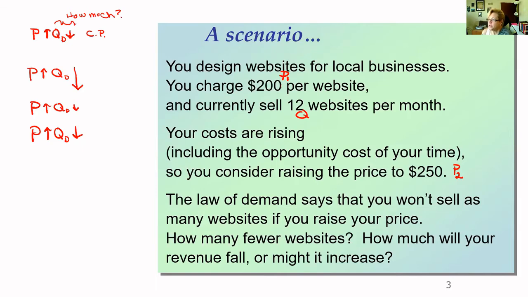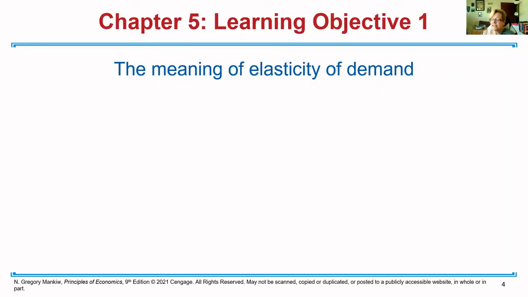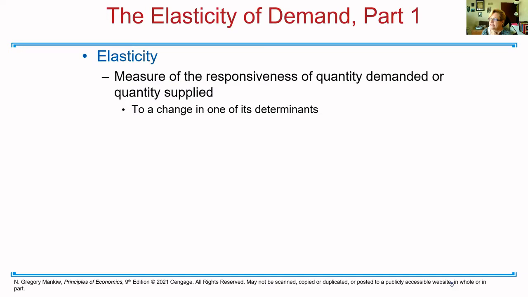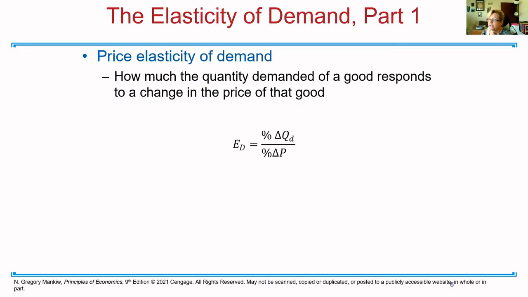Okay. So we're looking first at elasticity of demand, and the elasticity of demand measures how sensitive buyers are to changes in price, okay? So this is our formula, and what we're essentially going to do is look at what is the percent change in the quantity demanded, divided by the percent change in price.